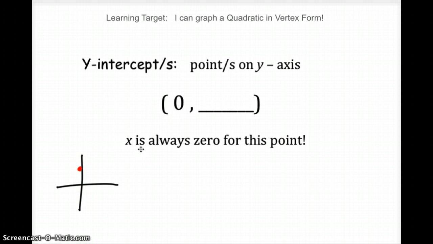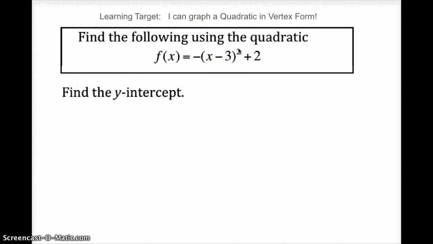X is always 0. So we're going to use that to our advantage. If I go back to this equation and try to find the y-intercept, here's what I know. I know x is 0. So let me plug in a 0 for my x.